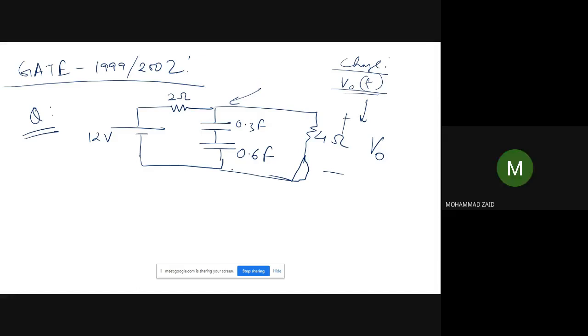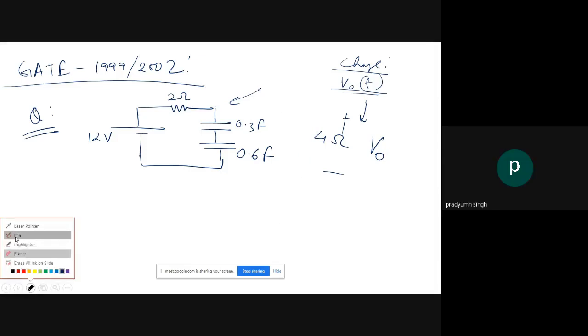So you can assume that there is some switch. Let me see where they have placed the switch. Actually, this was the circuit. There was a 12-volt source, a 2 ohm resistance, and some capacitances.